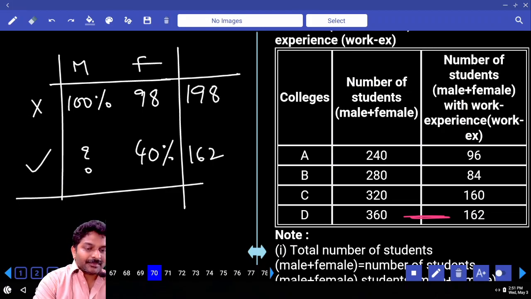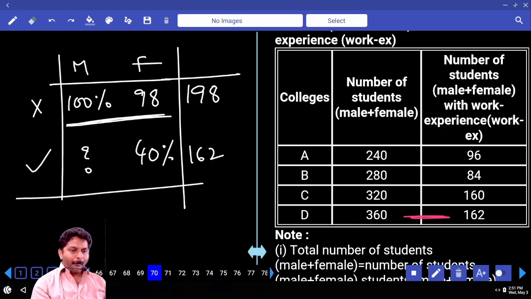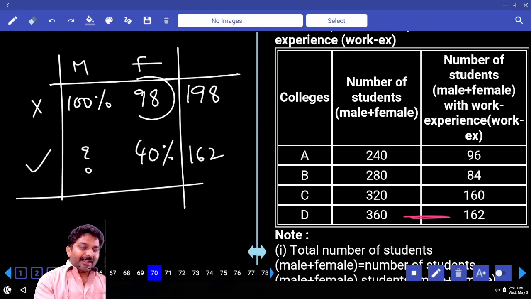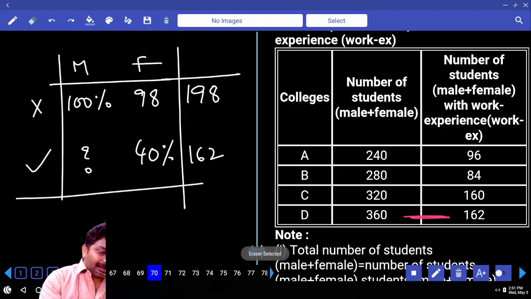100% plus 98 is 198. If 98 goes to the other side, 100% value is, that means 1% is 100%, 40%.